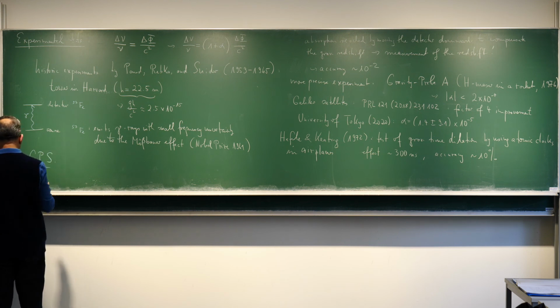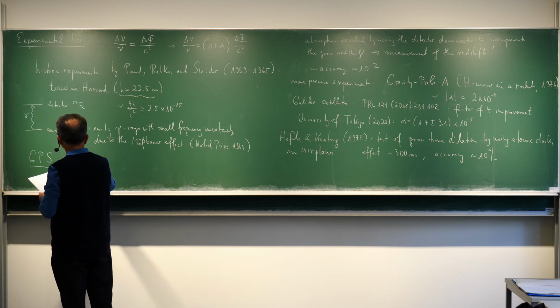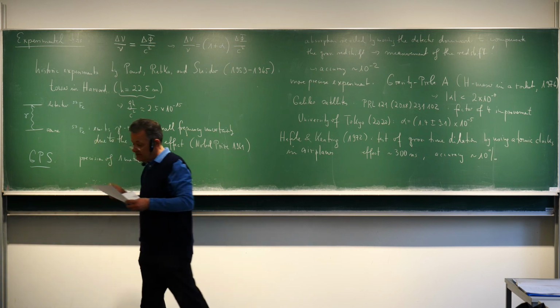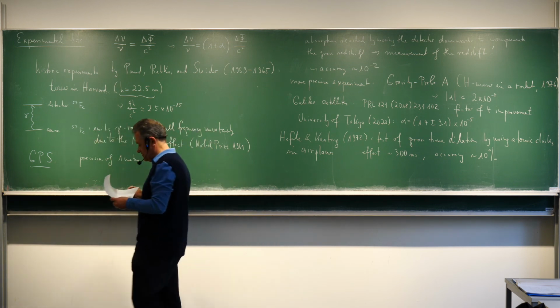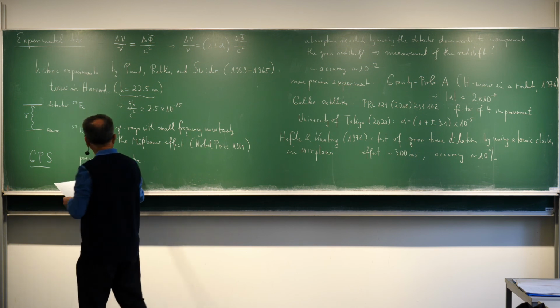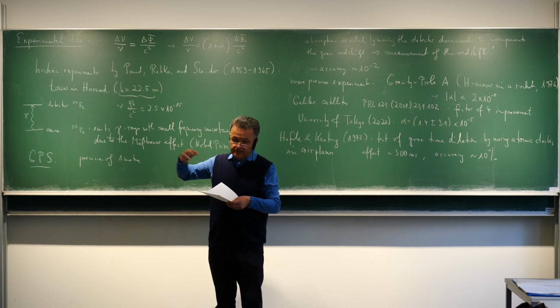So let me mention this GPS. If you want to have a precision of 1 meter and below, of course, 1 meter is certainly enough for some purposes, what precision do you need for the time uncertainty, if this operates with light signals?